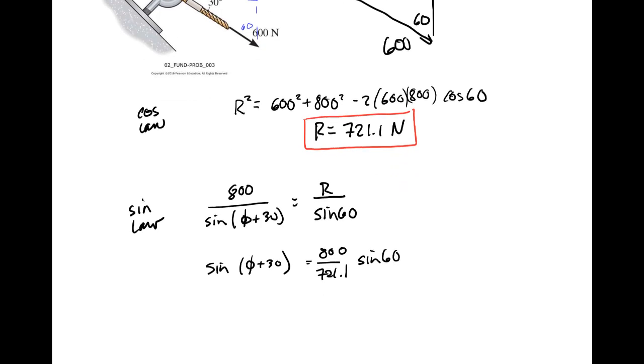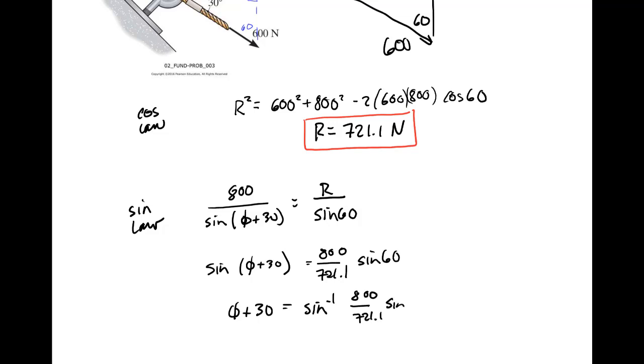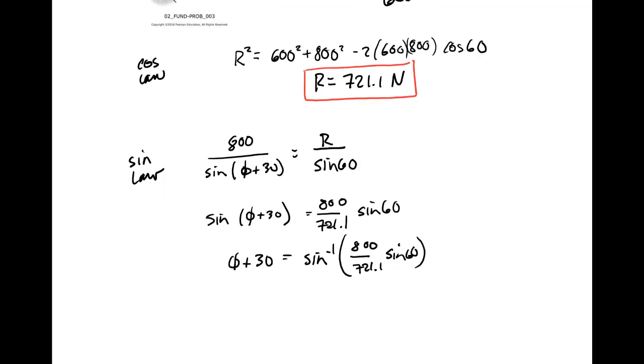Evaluating that, I'm going to say that phi plus 30 is equal to the inverse sine of 800 over 721.1 times sine 60. Taking the inverse sine of all that, you'll see that this is equal to 73.9 degrees.